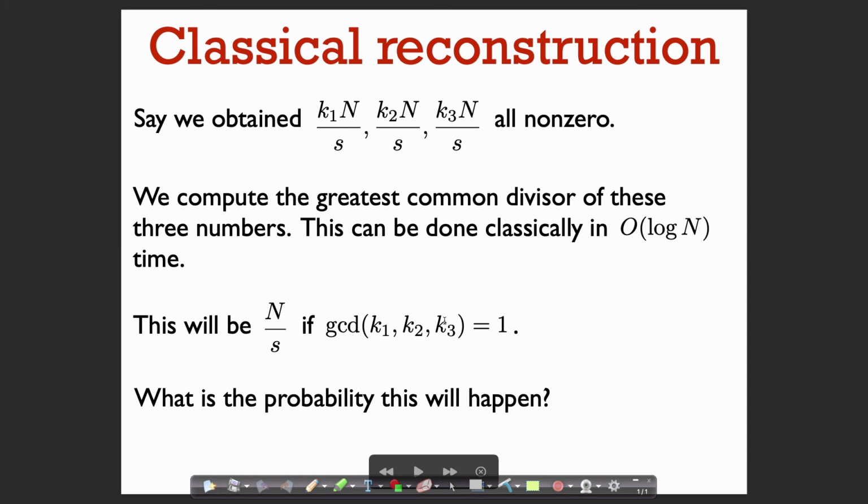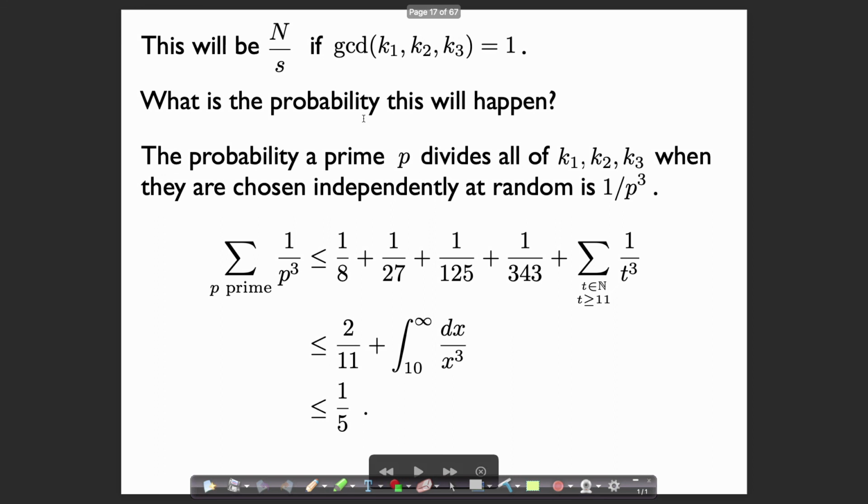So now we just have to estimate the probability that this happens. Okay, so what is the probability that a prime P divides K1? Well, again, K1 is chosen uniformly at random. So the probability that P divides it is going to be 1 over P.